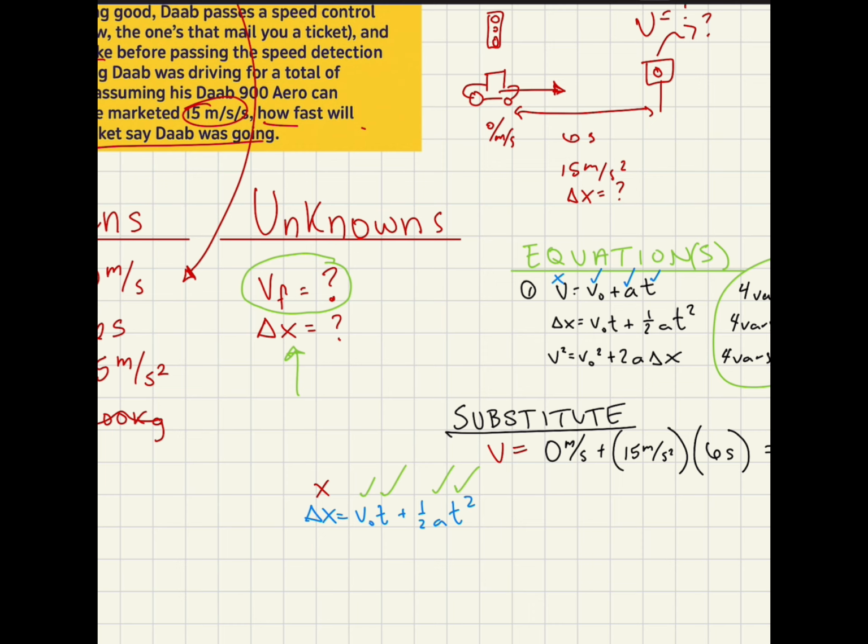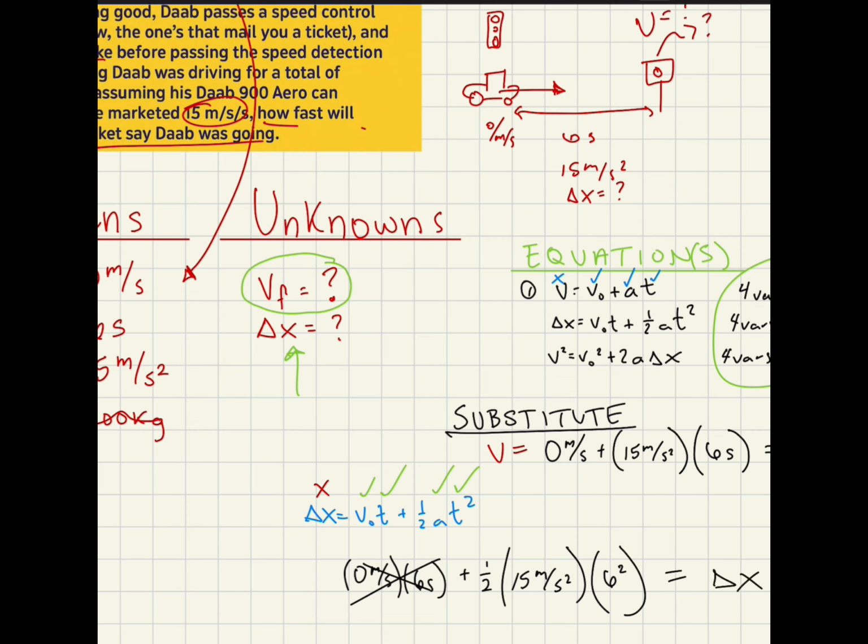This wouldn't give us the final velocity, but it would give us something we don't have, which is distance. So you could very easily say 0 meters per second initially, times 6 seconds, which won't matter, plus 1/2 times 15 meters per second squared, which was my acceleration, times my 6 seconds squared. Okay, this will give me my displacement.